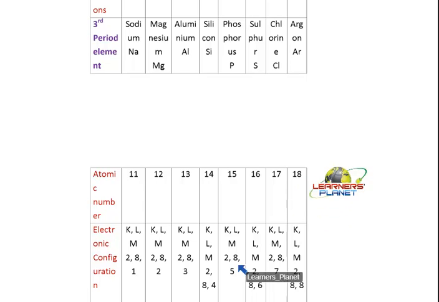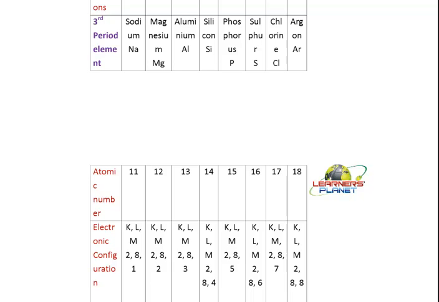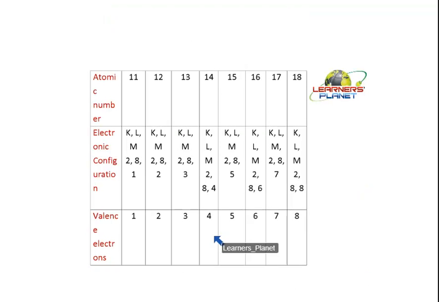And we can write down the configuration in the K, L and M shells. Here also we will find that the number of valence electrons are 1, 2, 3, 4, 5, 6, 7 and 8. So this is how the valence electrons vary along the periods.